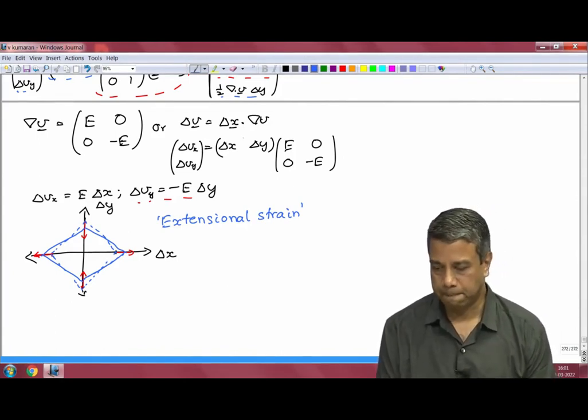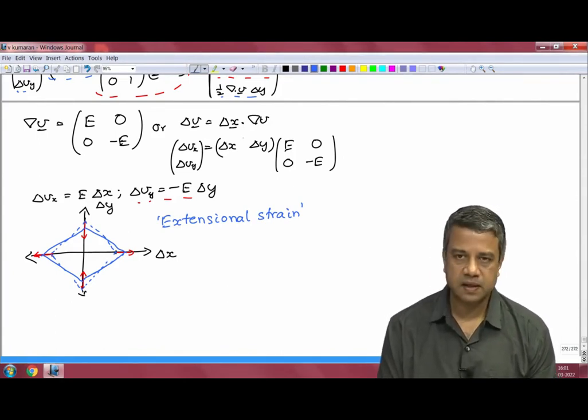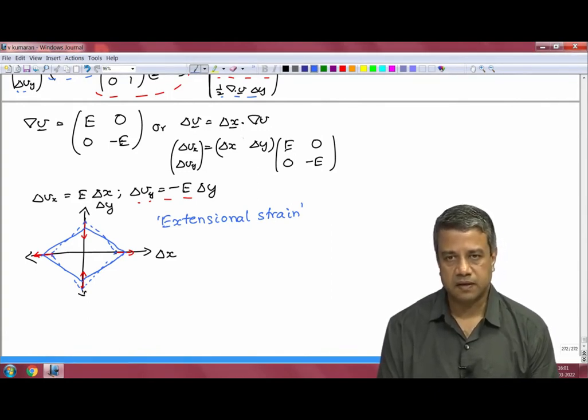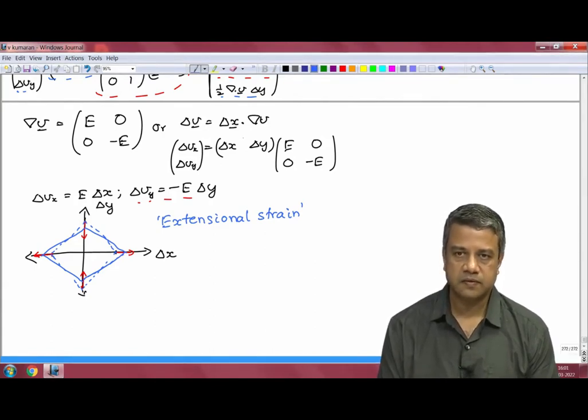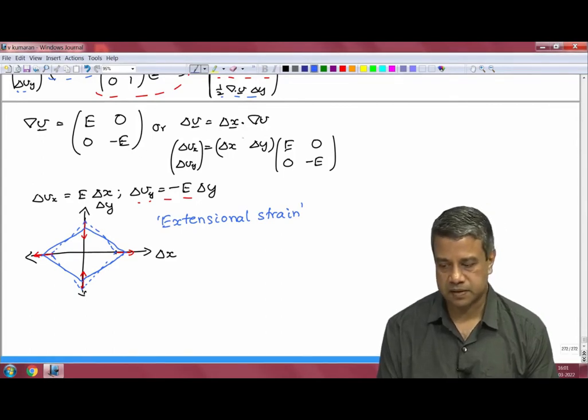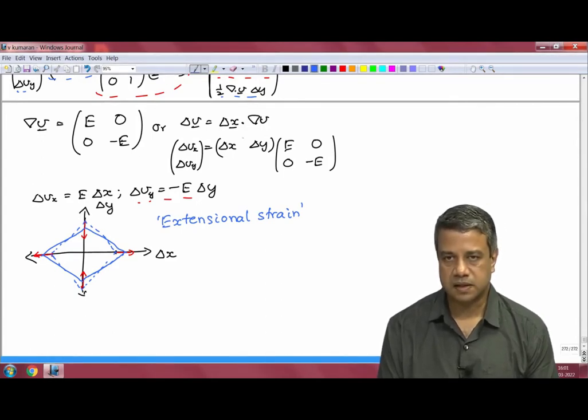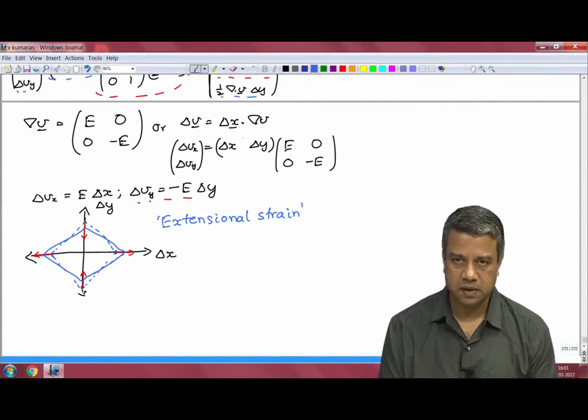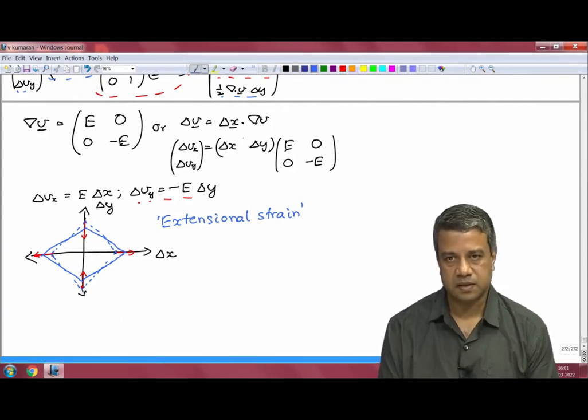The sum of the eigenvalues is equal to the trace of the matrix, the sum of the diagonal elements. Since the matrix is traceless, the sum of the diagonal elements is 0. Therefore, if one eigenvalue is positive, the other one has to be negative.